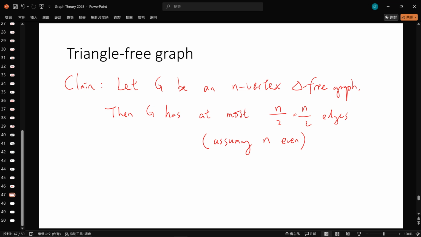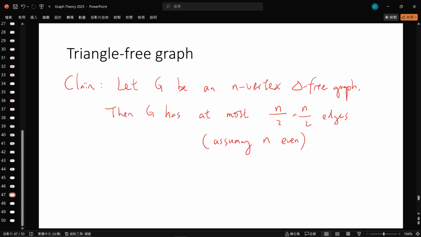You want to have a certain property, but then you want to maximize or minimize something. Perhaps another example is a connected graph: if you want to have a connected graph, then what is the minimum number of edges you must have? Or if you want the graph to be disconnected, what is the largest number of edges you can have? Problems like this are studied in the branch of extremal graph theory.